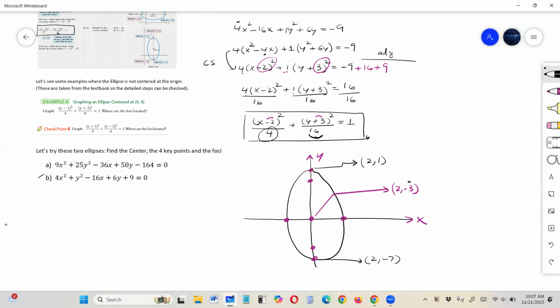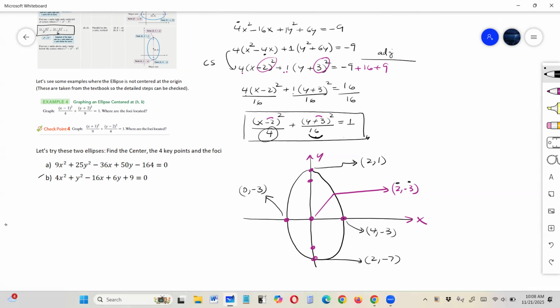The minor vertices, square root of 2 units away from the center. So this and this. Now it's going to affect the x coordinate. So I'm starting at 2 and I'm moving 2 units to the right. So this is 4, -3. And the other minor vertex is 2 units to the left. So 2 minus 2, 0, -3.